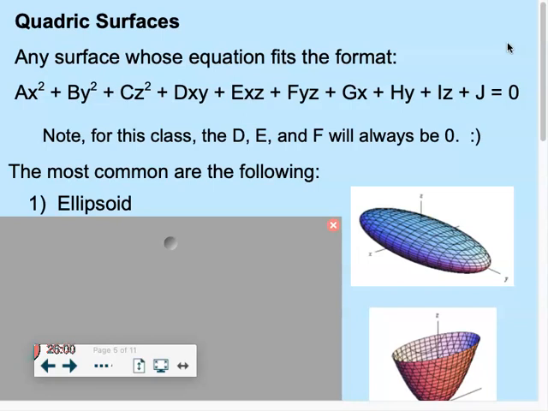A quadric surface is any surface that fits that equation. Just like a quadratic equation just means it's an equation with an x squared, a quadric surface is an equation with an x squared and or a y squared and or a z squared. You don't have to have all three. You can just have one of them. As long as something's being squared, you have a quadric surface.